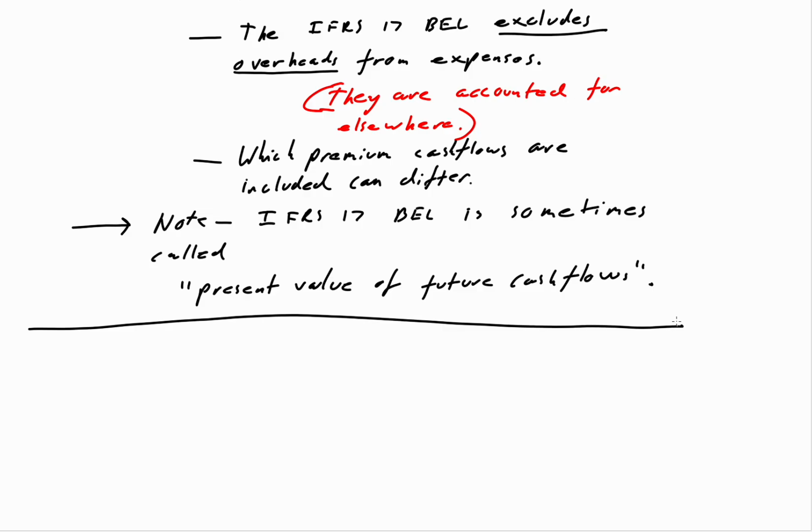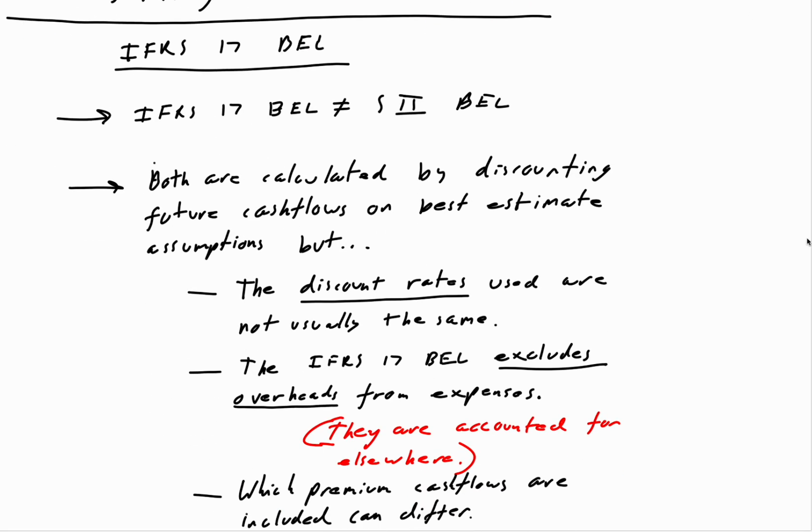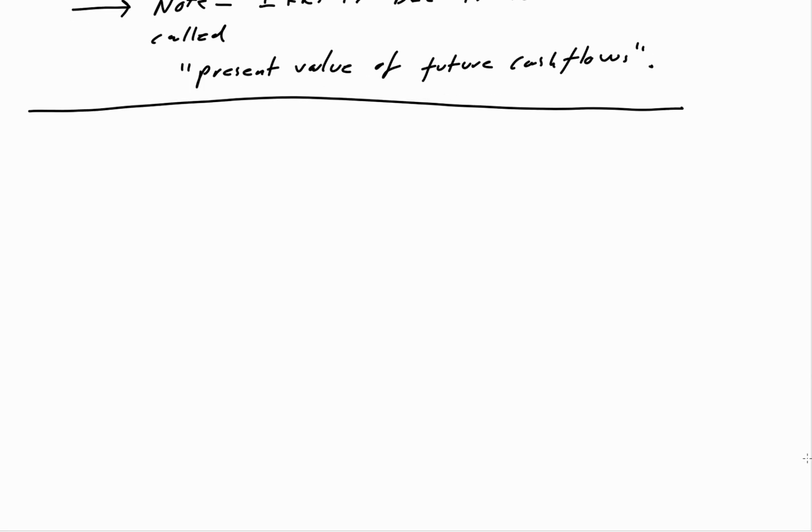The next component in the balance sheet is something called the risk adjustment. So let's tick this one off, and we're going to look at the risk adjustment now. Okay, risk adjustment.